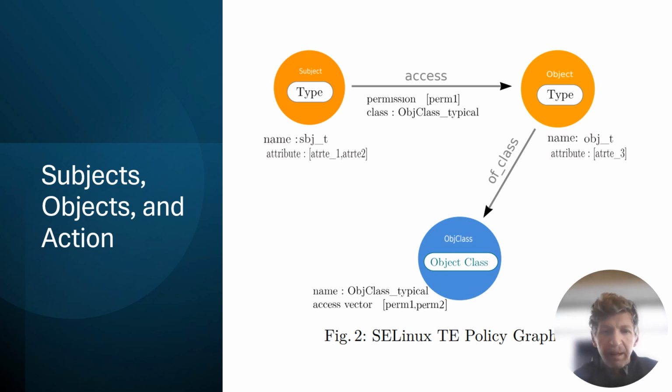This is the label that SE Linux gives any type of subject or object. And then some type of action or access is requested by the subject on the object. We use the terms access and action fairly synonymously throughout this. And so basically everything boils down to what subject is trying to access what object in what way.